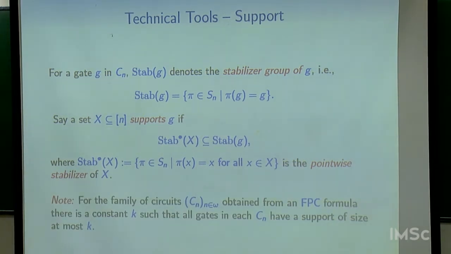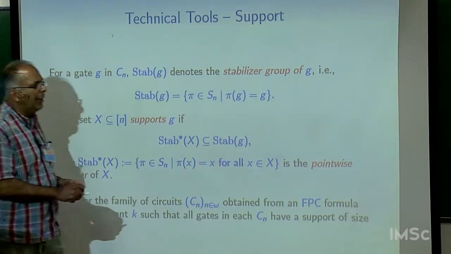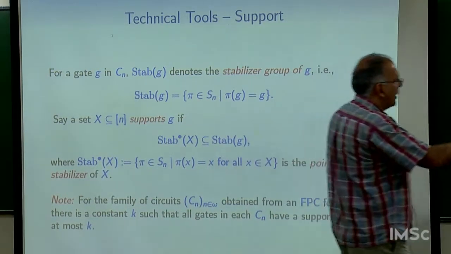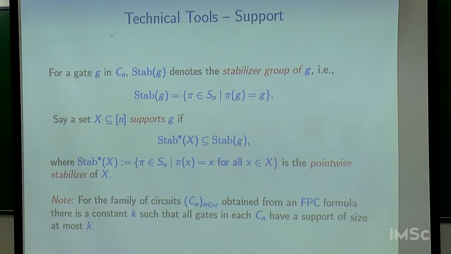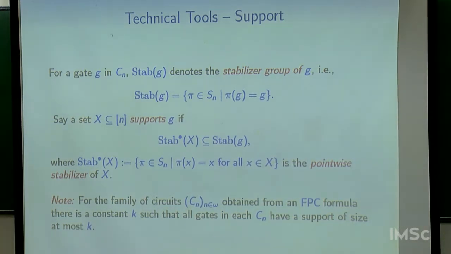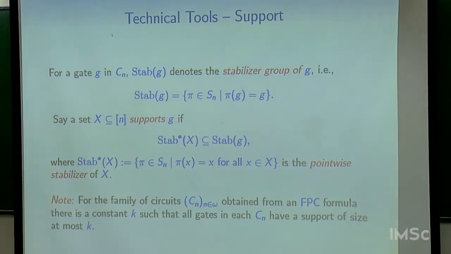Now, note that when we gave the translation from logic into circuits, every gate actually has a small support, namely those elements that appear in here. Because once you fix all of these, you're fixed. I mean, the action of the permutation pi was to take this to pi a. If pi is constant on everything in A, it fixes this gate.